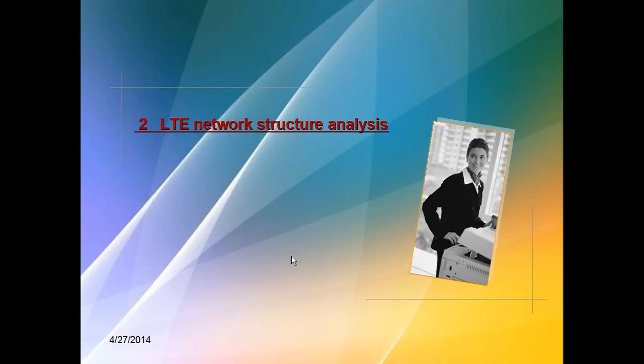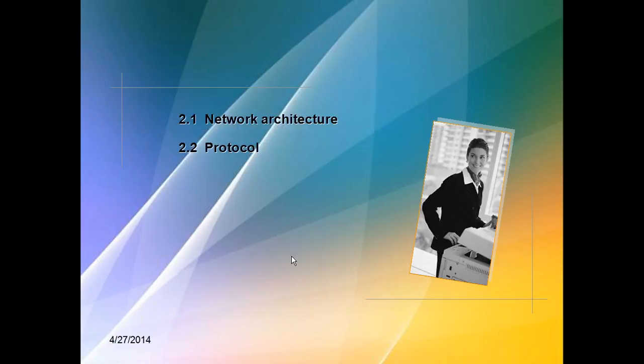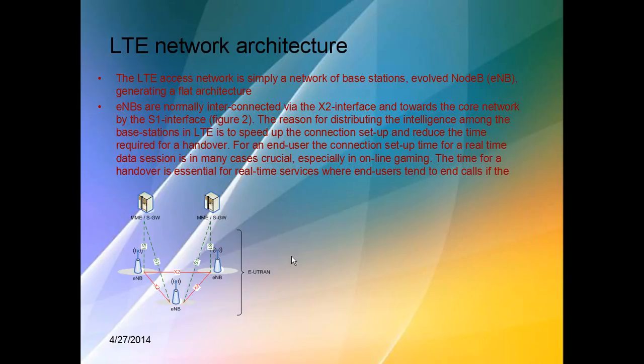The second part is LTE network structure and analysis. In this part I mainly talk about the network architecture and protocols. LTE access network is simply a network based on base stations. There are a lot of stations around us.